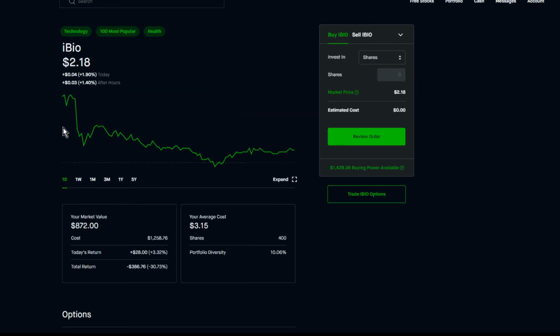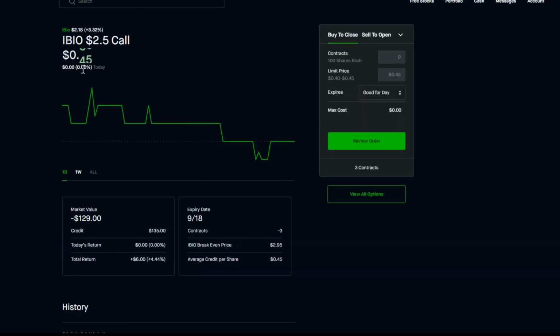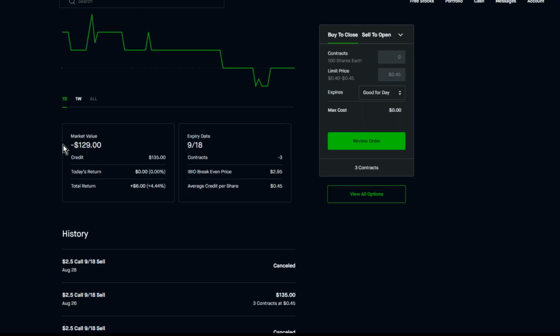This one I didn't do too great on. I bought it at 315 altogether. Right now I'm at a negative, but these past 2 months I've actually been selling calls on it. And as you can see right here, I'm selling this one over here of 135.